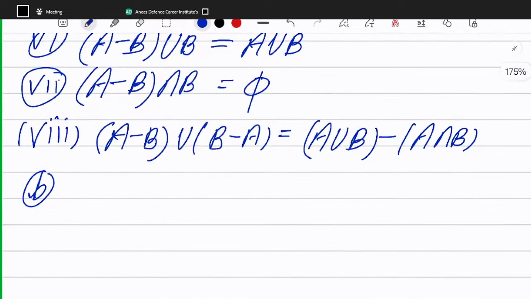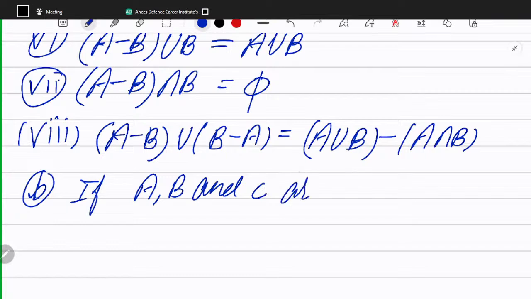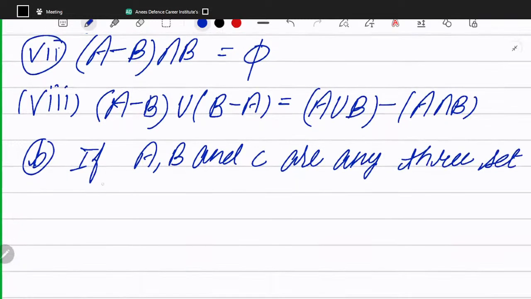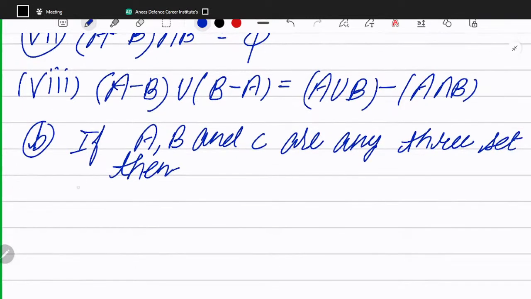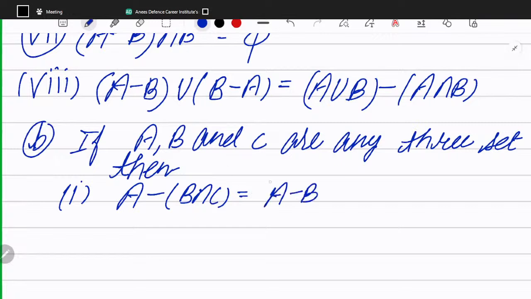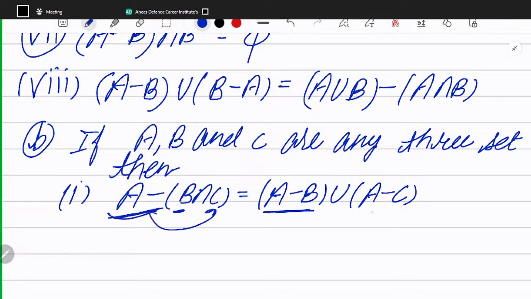Now the second one is, if A, B, and C are any three sets, then A minus B intersection C is A minus B union A minus C. If minus operates on B, then we can write A minus B; minus operates on C, then we can write A minus C. This intersection will be converted into union.